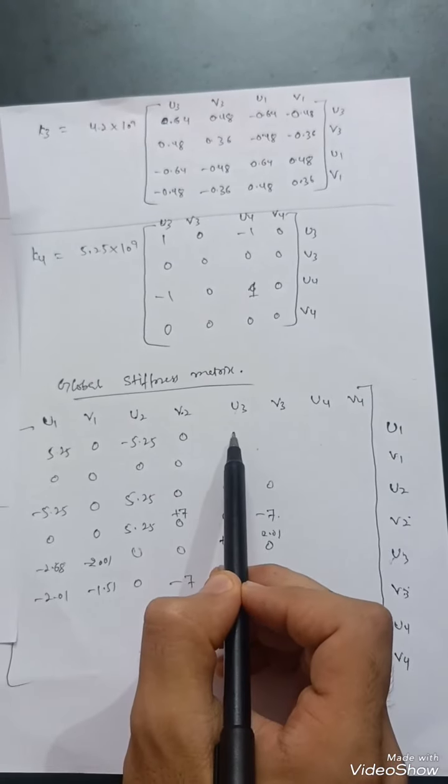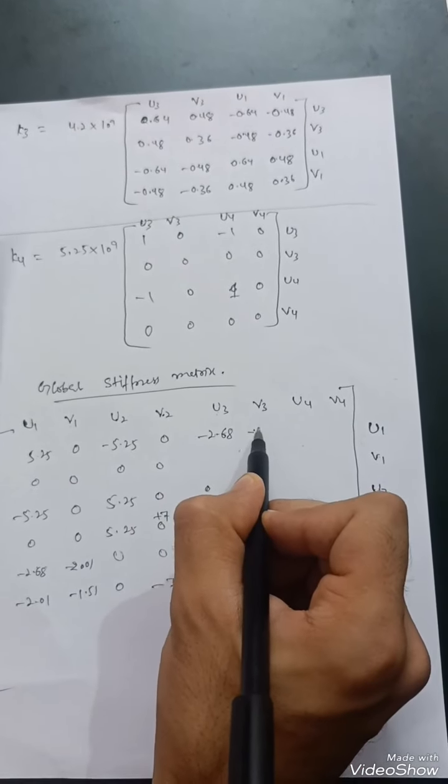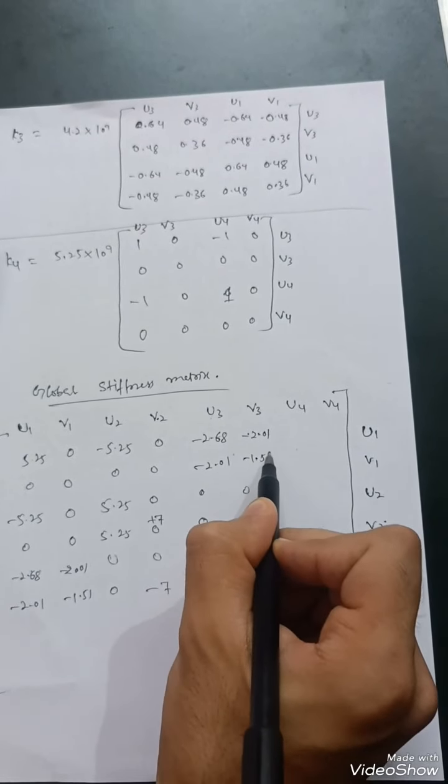So it will come over here: minus 2.68, minus 2.01, minus 2.01, minus 1.51.